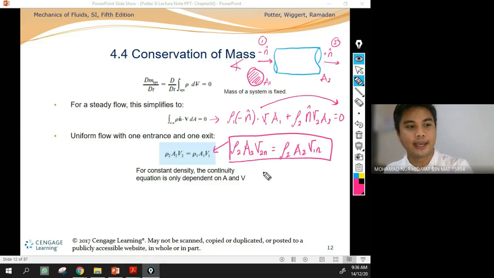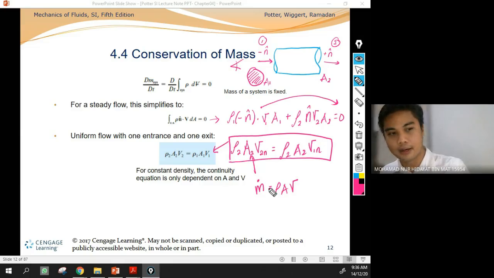All right? And we also call this term the mass flow rate, which is equal to rho A V. This is mass flow rate, remember. All right? The mass flow rate only applies to compressible flow.